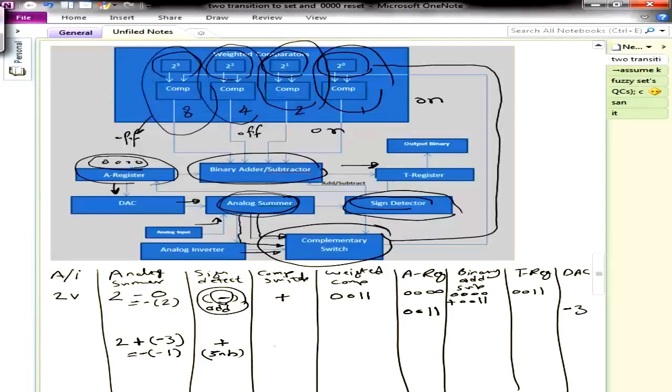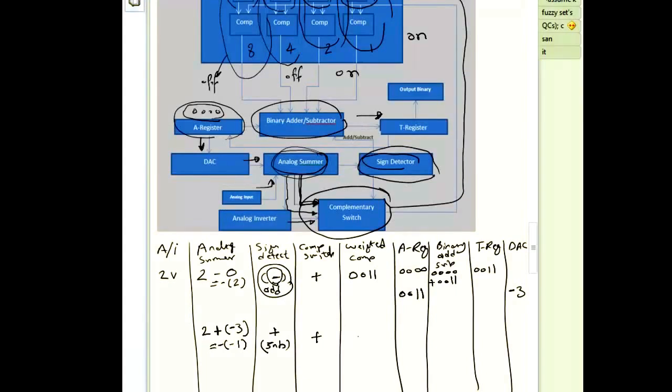The complementary switch takes the output directly from the analog summer; we don't need to invert it. This feeds the weighted comparator, which gives its suggestion: the first comparator is on, the second is off, the third is off, and the fourth is off.